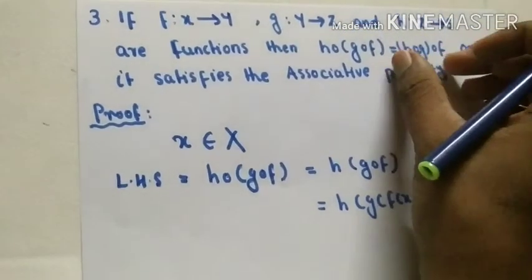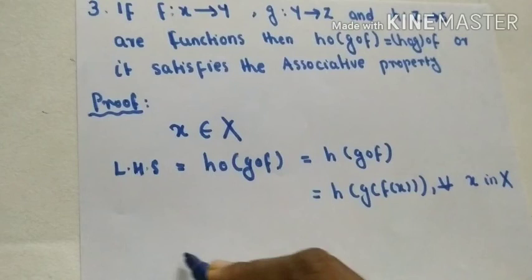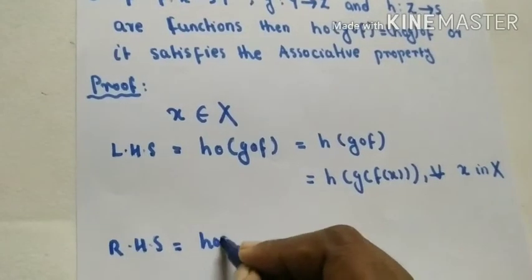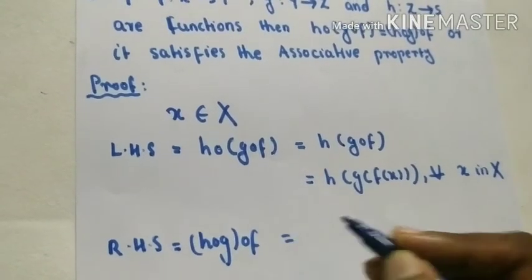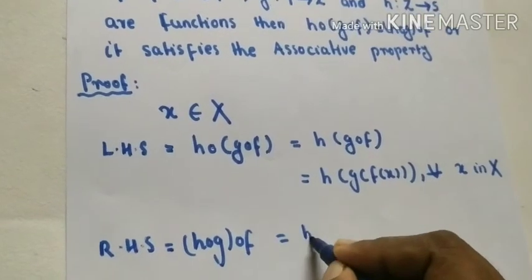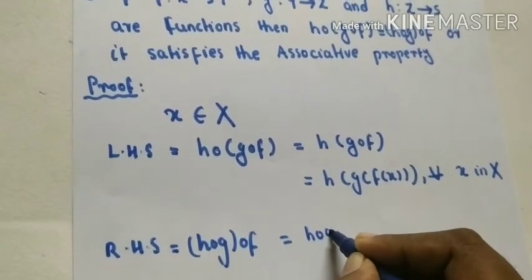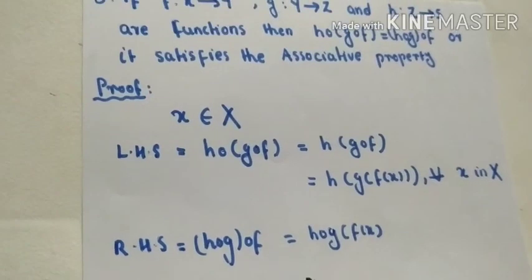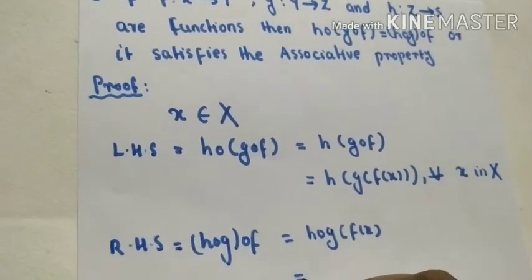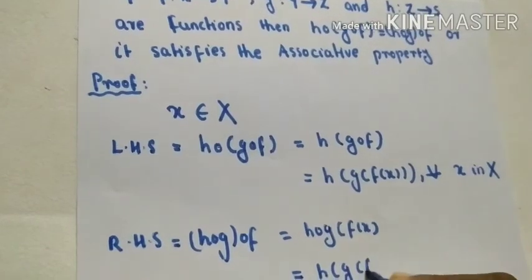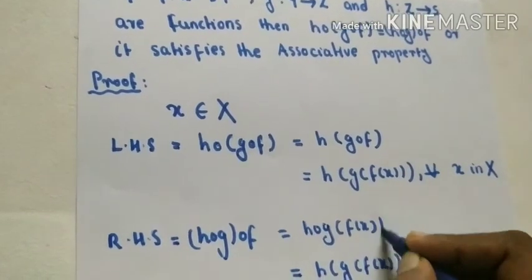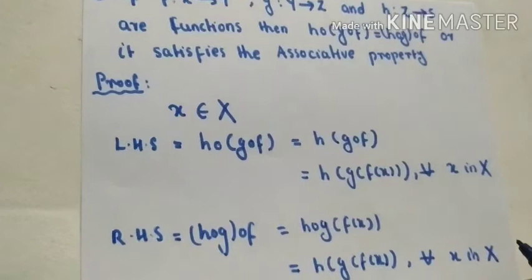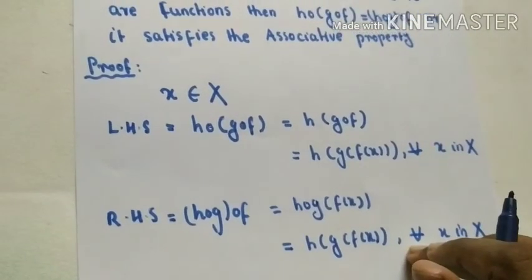Now let's move to the RHS. Our RHS is equal to h of g of f, and it can also be written as h of g of f of x for all x in X. Observe that LHS and RHS are equal.